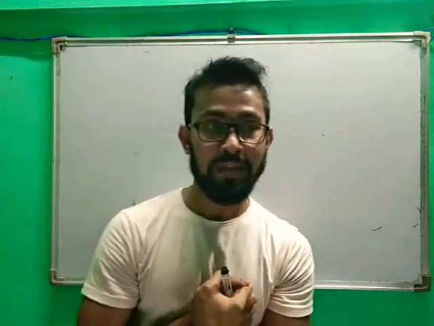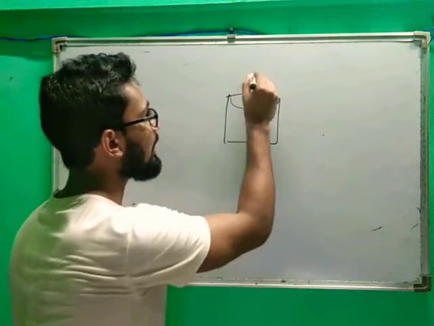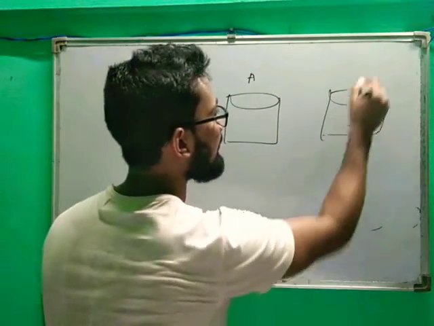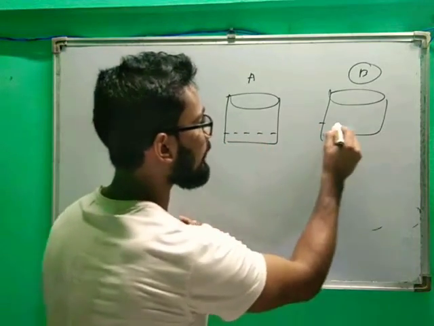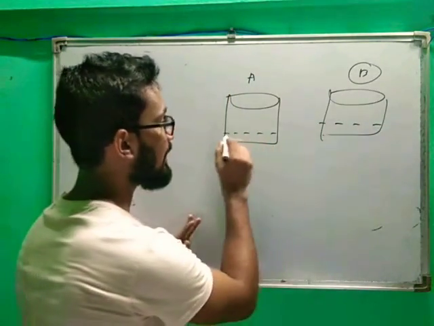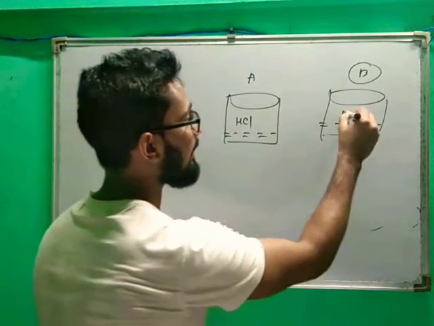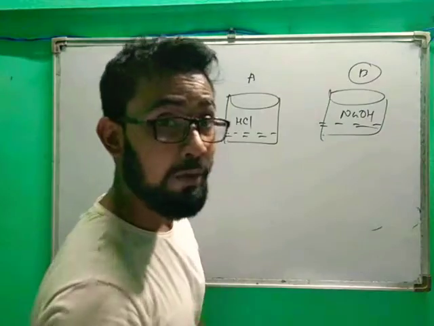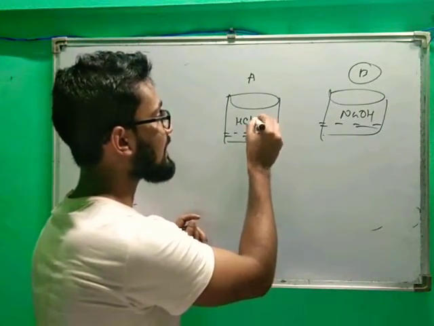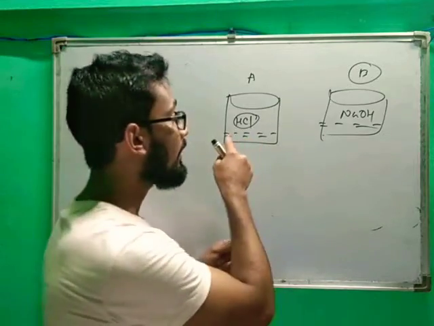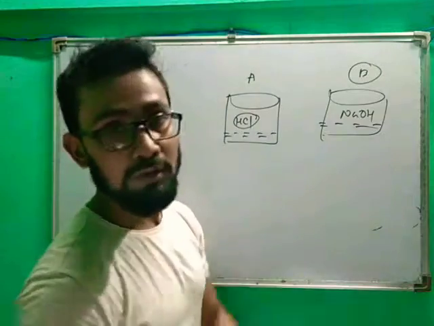Now what is dilution? For example, take beaker A and beaker B, each with this much amount of water. I am adding HCl in one and NaOH in the other, say half a test tube in both cases.